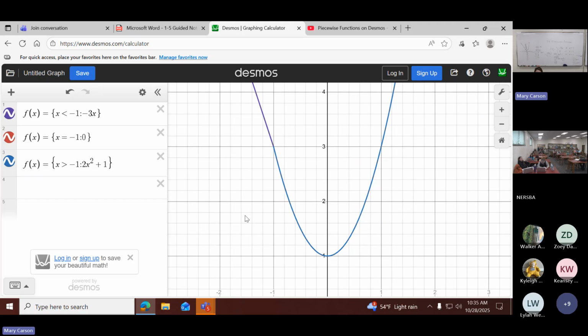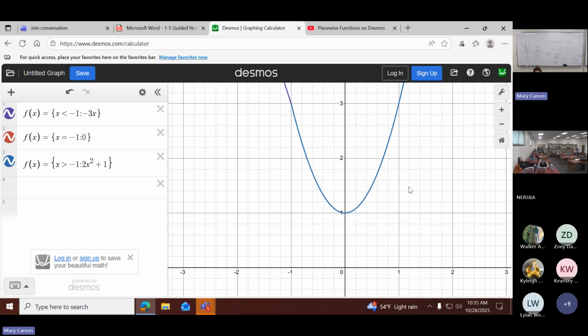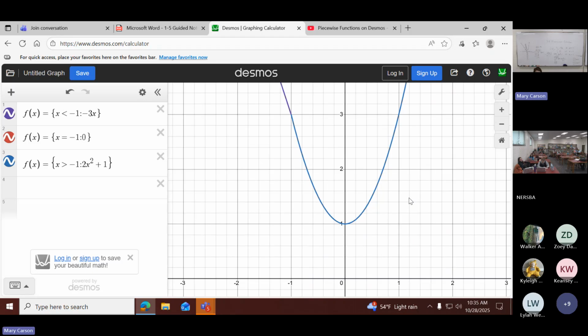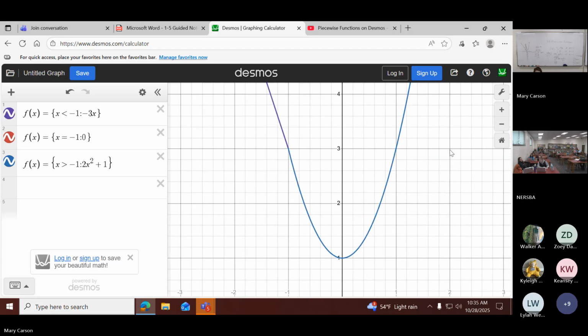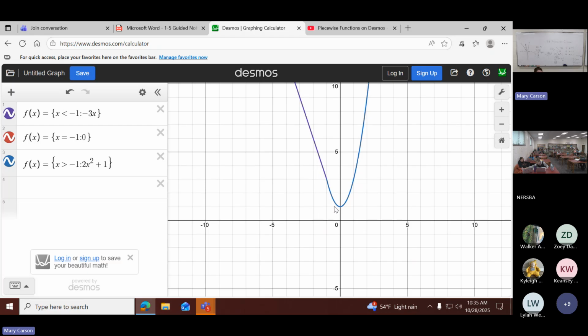So maybe that would be my suggestion, and I'm guessing it's just not showing the other one. It might be at the top. It would be right here technically, but they're just not showing that.